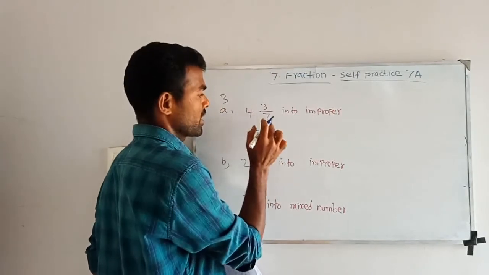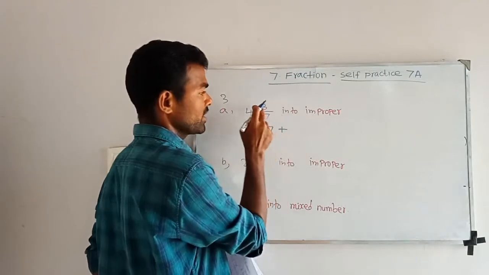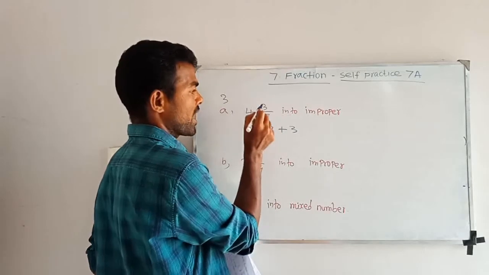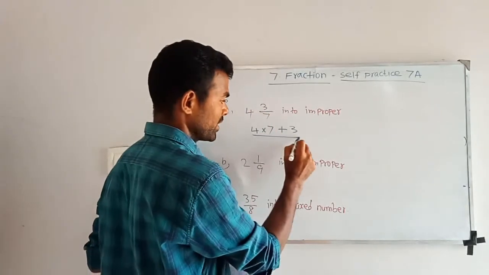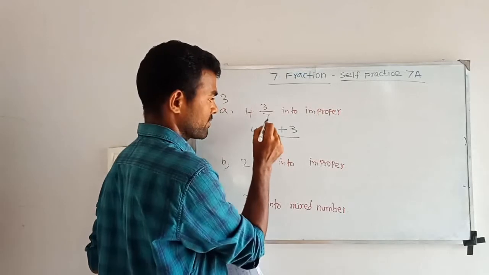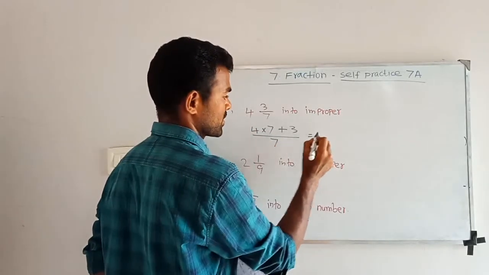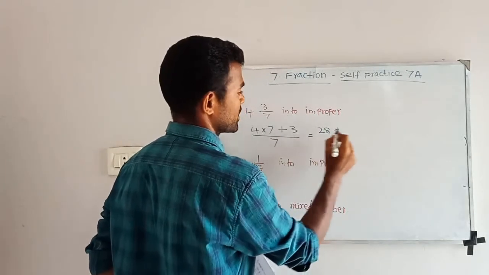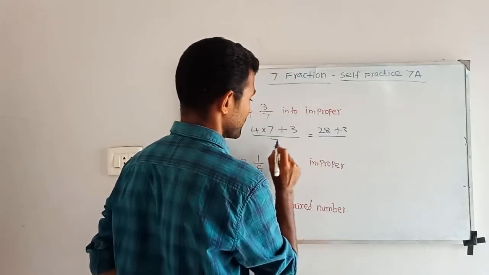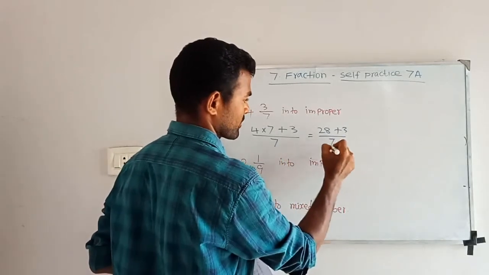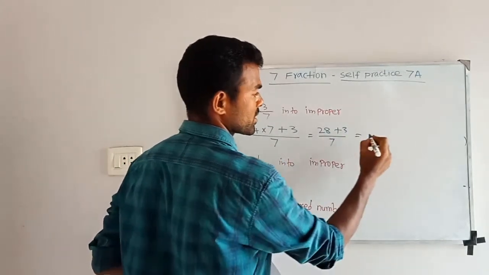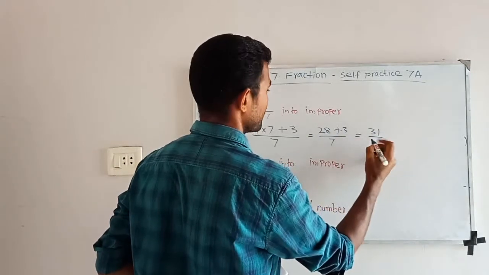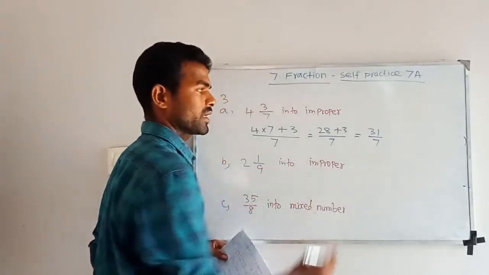Multiply these two numbers, then afterwards add the numerator 3, divided by the denominator, 7 only, right? So 4 times 7 is 28, plus 3. Divided by the denominator 7. So 28 plus 3 is 31 by 7.